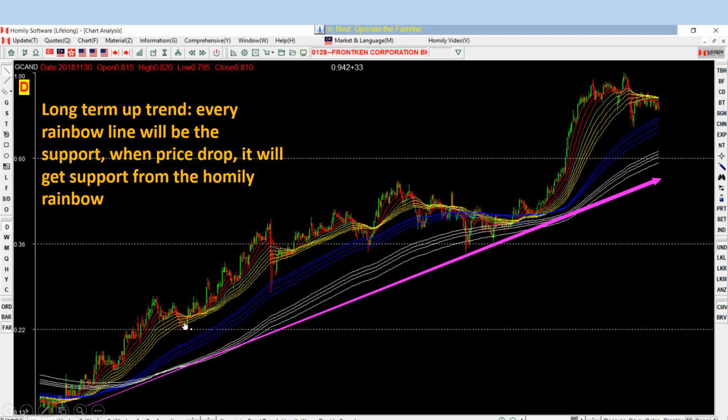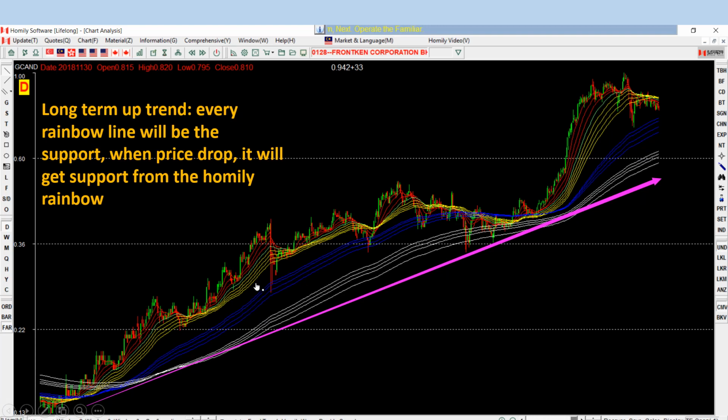But for the medium term, you need to check with the yellow line. For the direction of the yellow line, you can see here it turns down, so you need to consider selling out. When it turns up again, it will be your entry point again. Here you can see the price just dropped to the blue line. So the blue line will be the important support of the price.